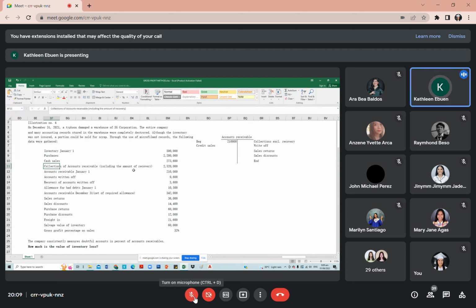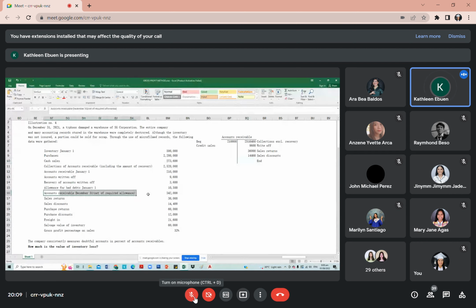So we have collections including the amount of recovery, 2,520,000. Therefore, we have to deduct the recovery of the accounts written off, 3,600. So 2,516,400. Write-off magkano? 9,600 po. Okay, 9,600. Sales returns, 36,000. Sales discounts, 14,400 po. Okay, 14,400.